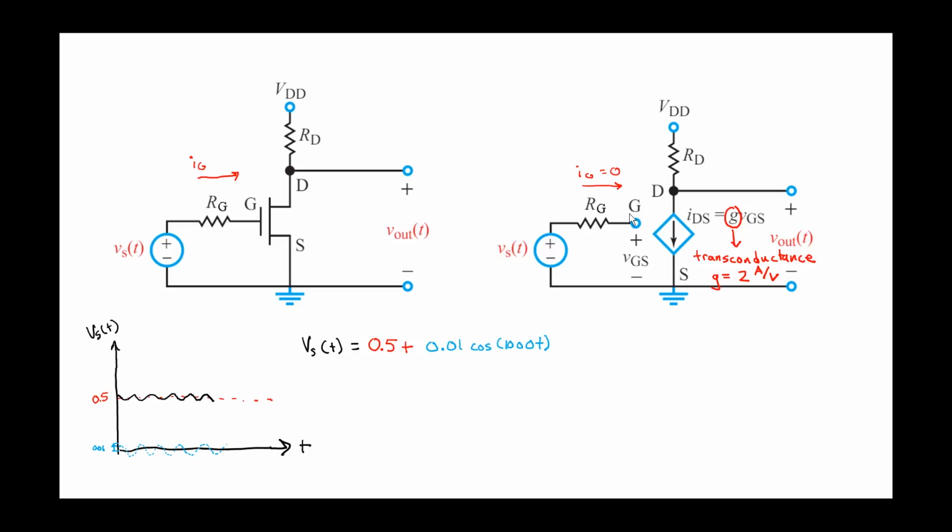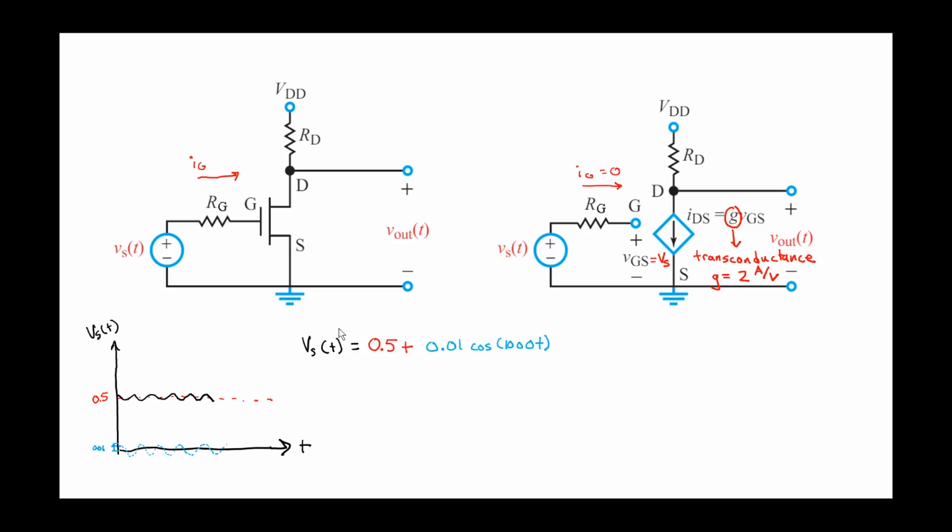If no current is entering the gate of the transistor, that means that this voltage Vs of t appears at the gate. There's no voltage drop across the resistor. So that means VGS is equal to Vs. Okay, well, we know what Vs is. So now we can start to talk about what IDS is, because IDS is simply G times VGS.